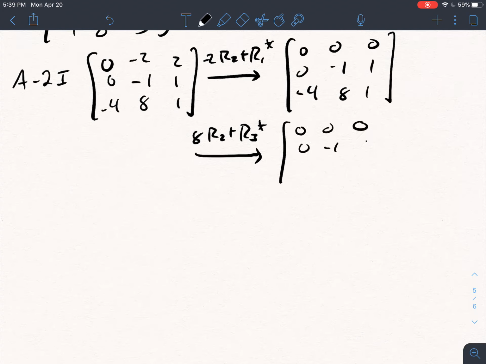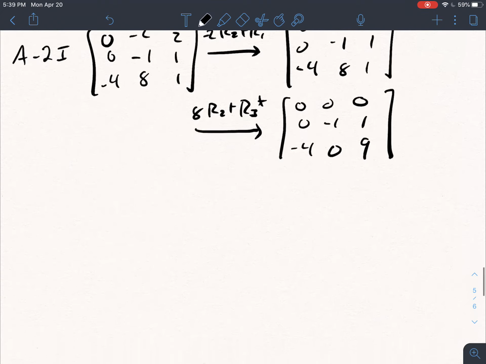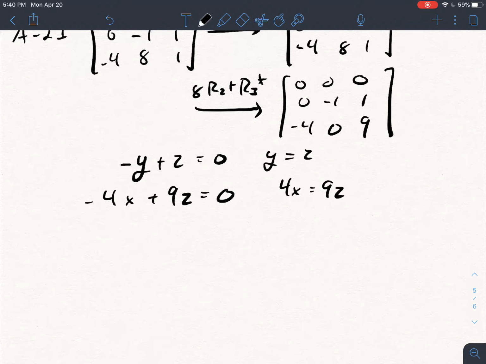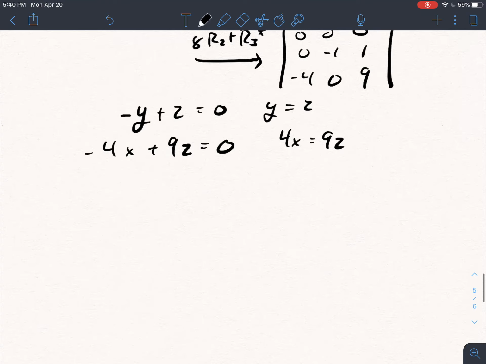Perfect. And then let's do 8 row 2, add it to row 3. So this would be a 9. Okay, and that's good enough for me. This tells us -y plus z is equal to 0, and -4x plus 9z is equal to 0. So I have y equals z, and then 4x equals 9z.